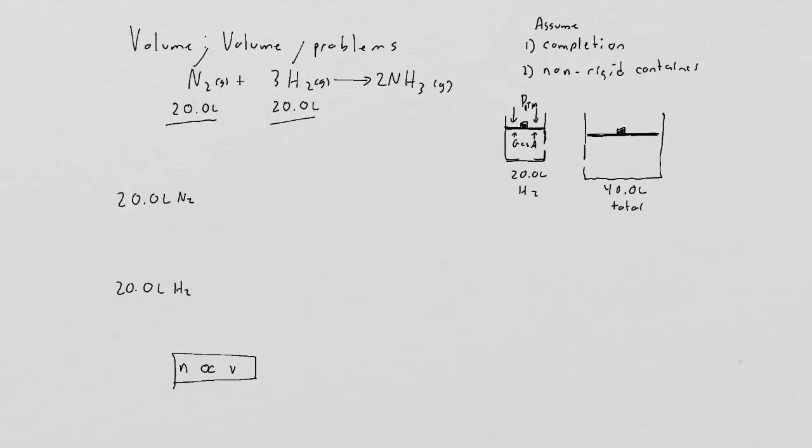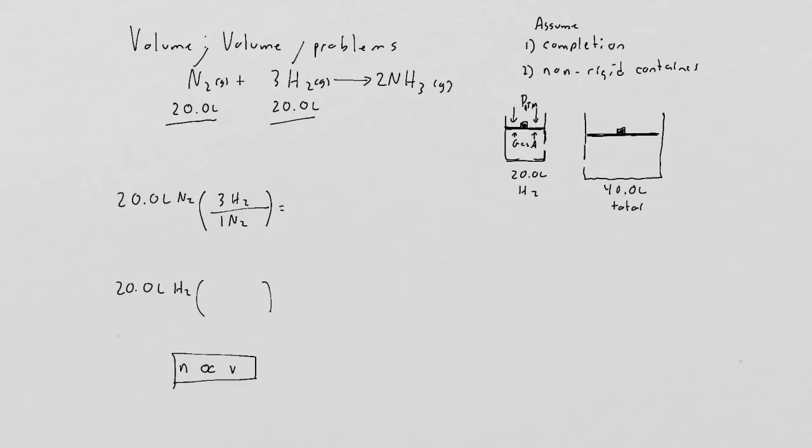And that makes doing stoichiometry with gases actually kind of easy, because you can assume that the mole ratio is the same as the volume ratio. So you can just do a very simple limiting reactant problem. For every 1 mole of nitrogen, you're going to need 3 moles of hydrogen.